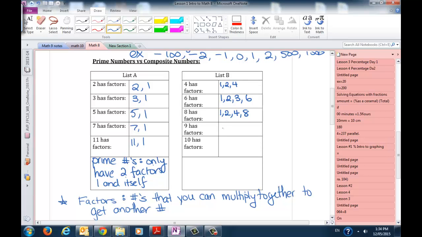For 9, we have 1, 3, and 9 itself. And for 10, we have 1, 2, 5, and 10. And these numbers are called composite numbers. And a composite number is a number that has more than two factors.